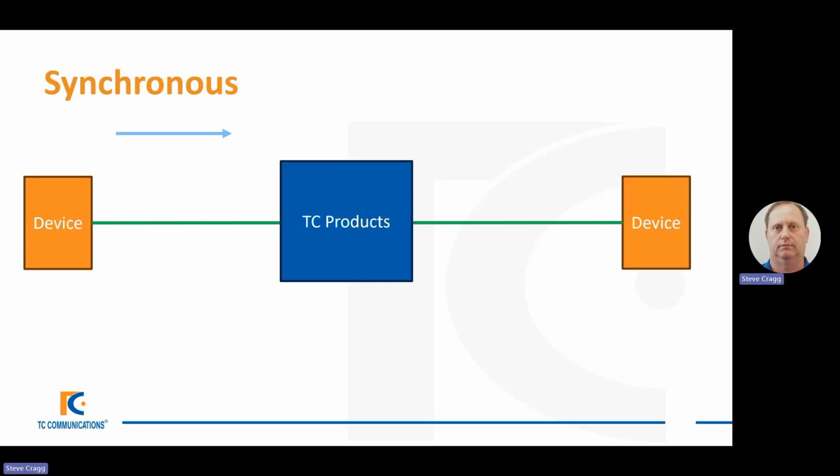Let's say that the device on the left is transmitting across to the device on the right. So we see a clock going across. The clock is sent from the device on the left to the TC product, which receives it. The TC product regenerates the clock or passes the clock through and sends it to the device on the right.